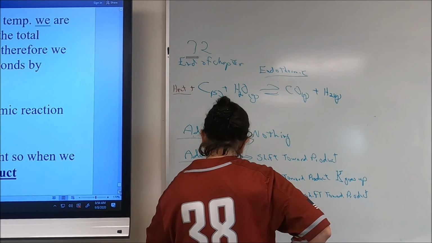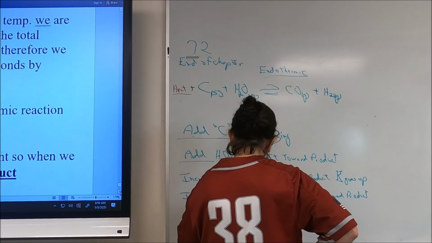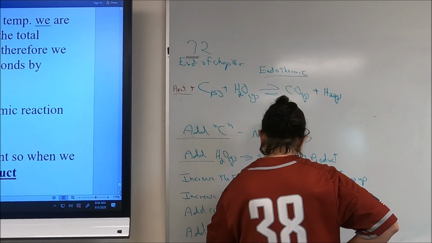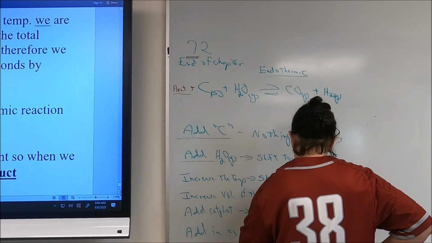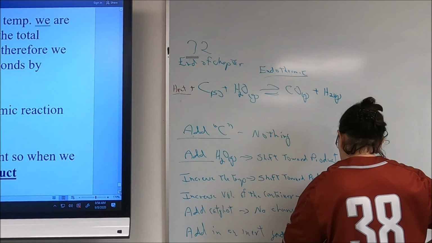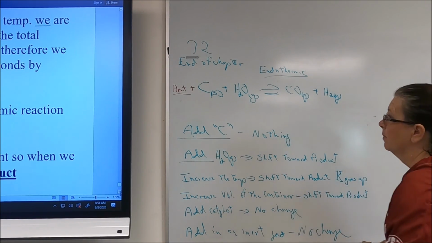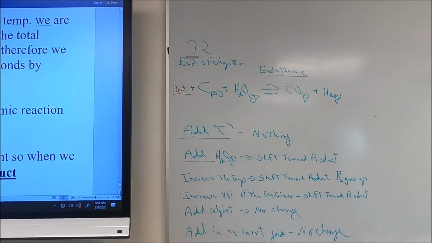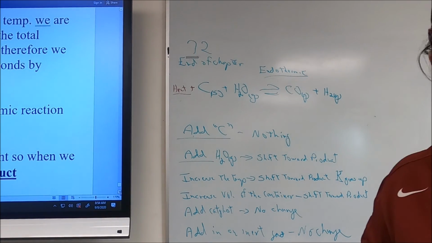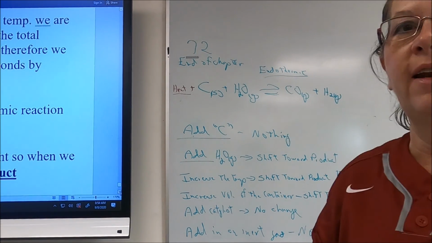And then we add in an inert gas. Again, no change. Okay, so that's Le Chatelier's principle, and that is the end of chapter 15. So you've got everything for 15. We'll move on to chapter 16 in the next lecture.